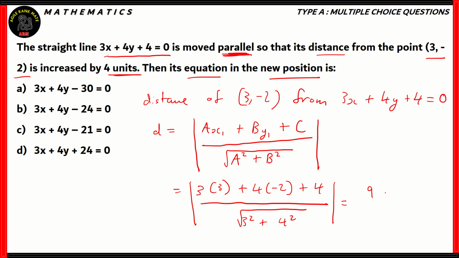3 times 3 is 9, 4 times -2 is -8, plus 4, divided by the root of 3 squared, which is 9, plus 4 squared, which is 16. So 9 minus 8 is 1, 1 plus 4 is 5 at the top, and at the bottom 9 plus 16 gives us 25, so 5 divided by the square root of 25 is what we get.